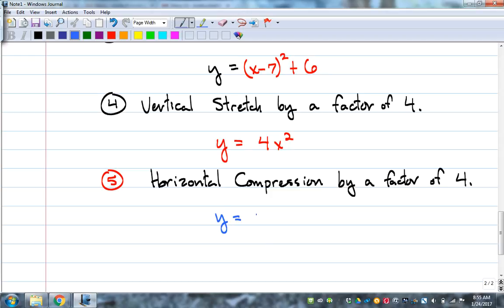Horizontal is going to have them on the inside, so I know I've got parentheses by a factor of 4. So normally, it's f of a times x. Well, a is 4 here.